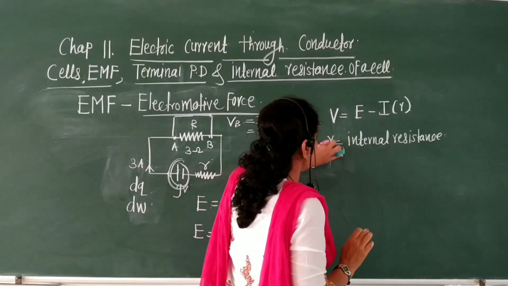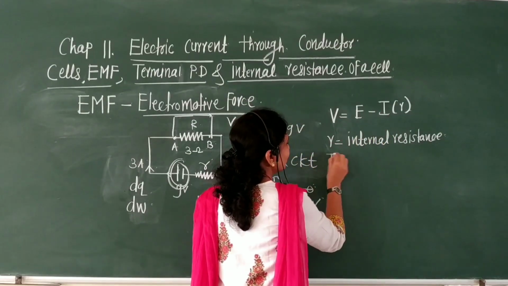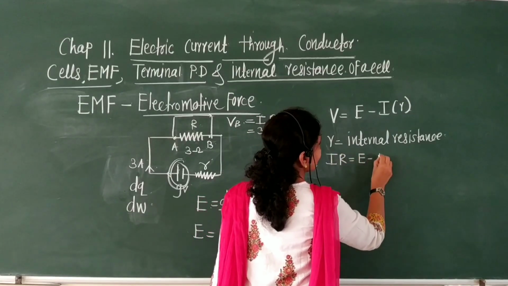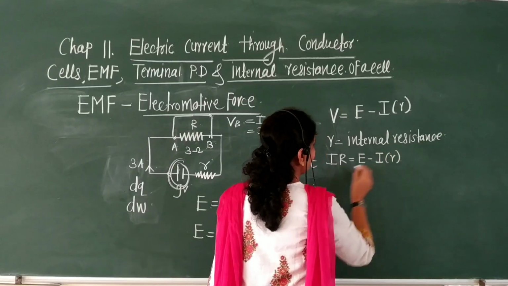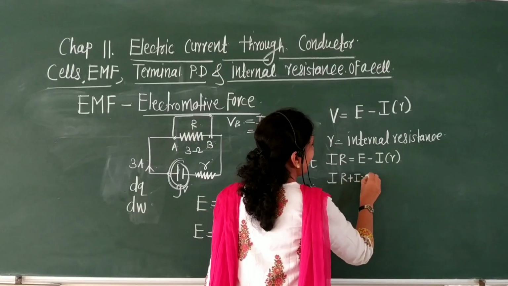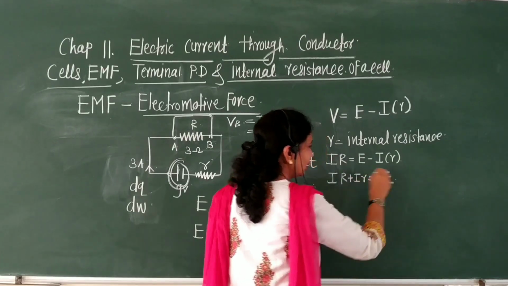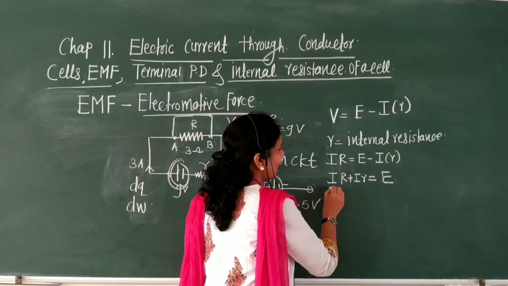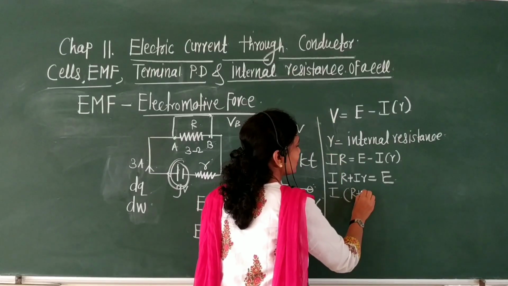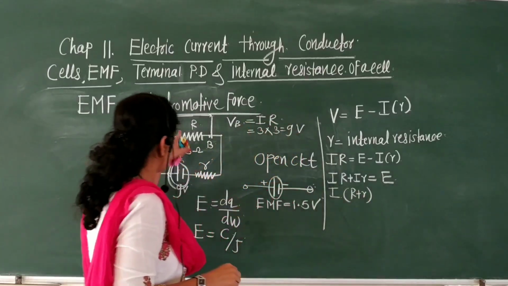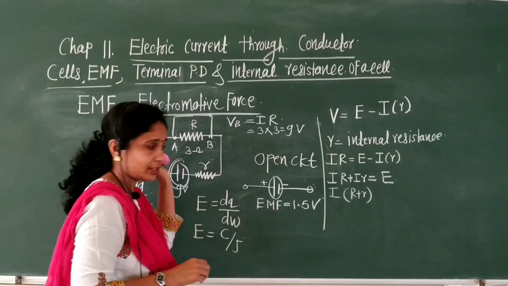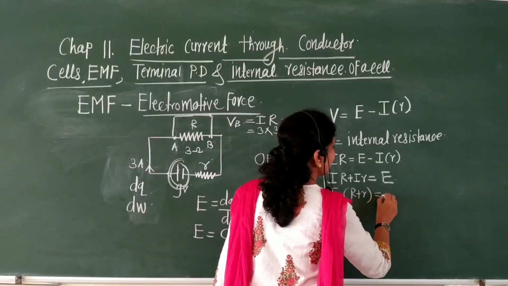According to Ohm's law, V is equal to I into R. Therefore, IR is equal to E minus I into r, so IR plus Ir is equal to E. Therefore, I is common here: I into (R plus r) is equal to E. Capital R means this resistance R, this is the symbol of resistance.